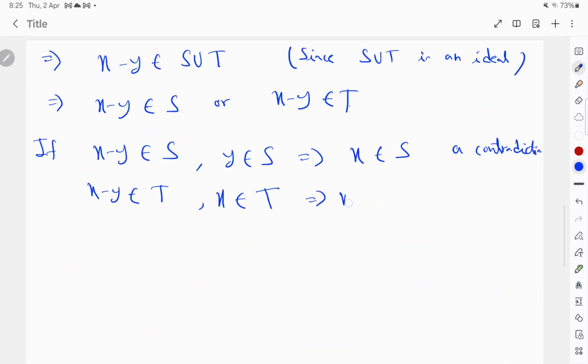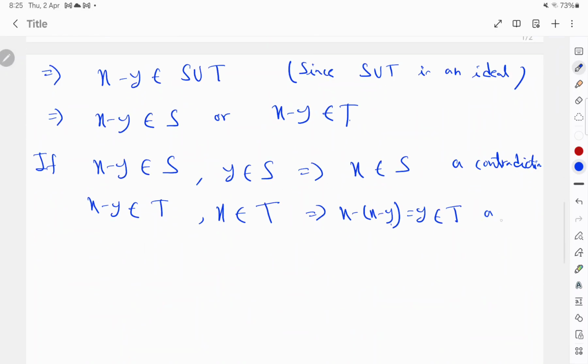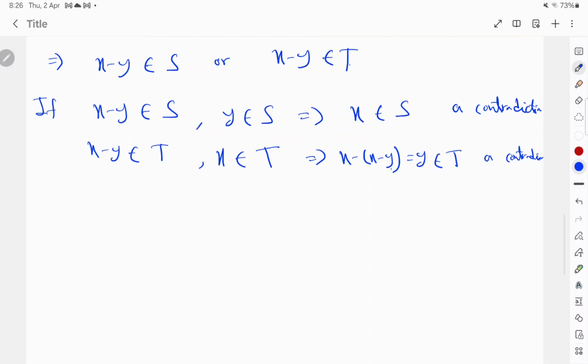This implies Y belongs to T. This is a contradiction to this scenario. Contradiction. So hence our assumption is wrong.